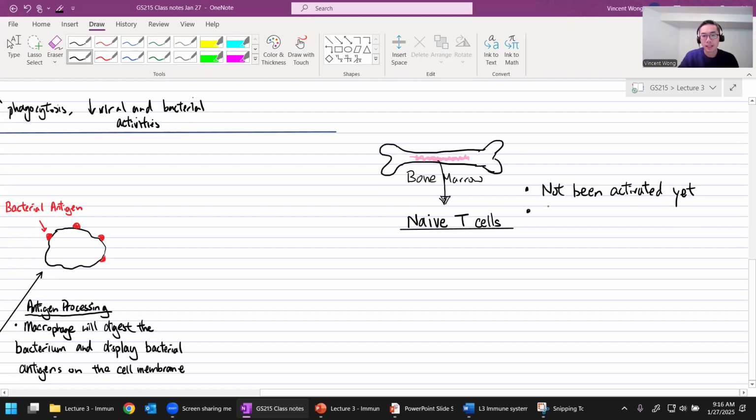Okay. Each has a unique receptor for recognizing antigens.